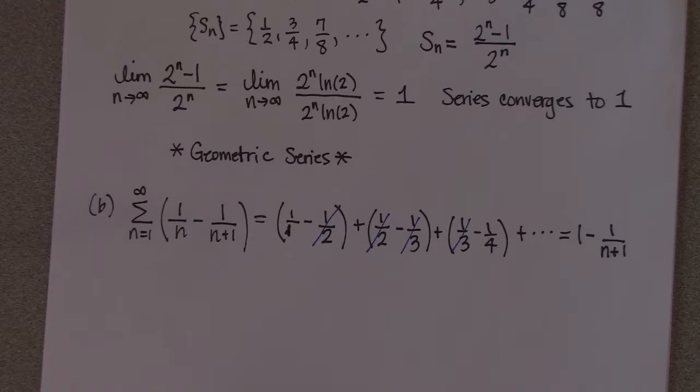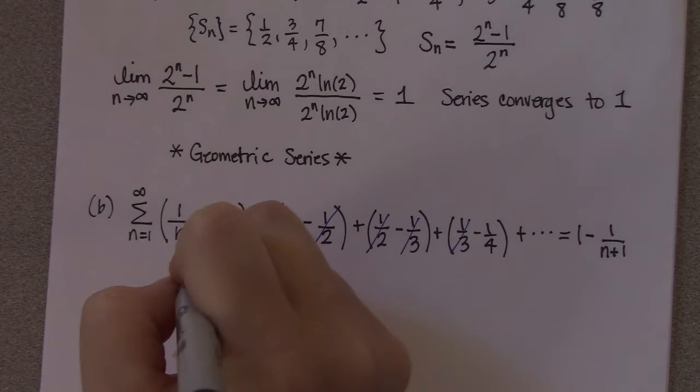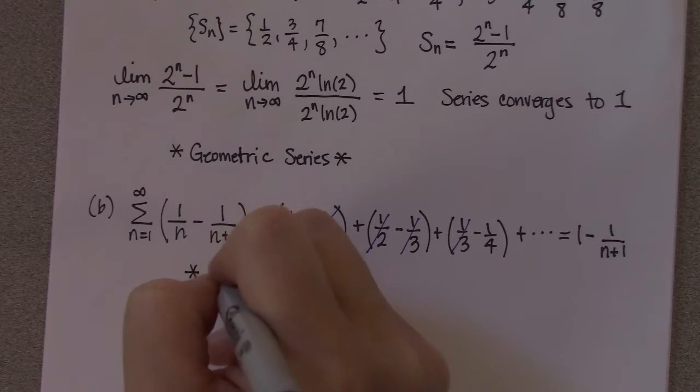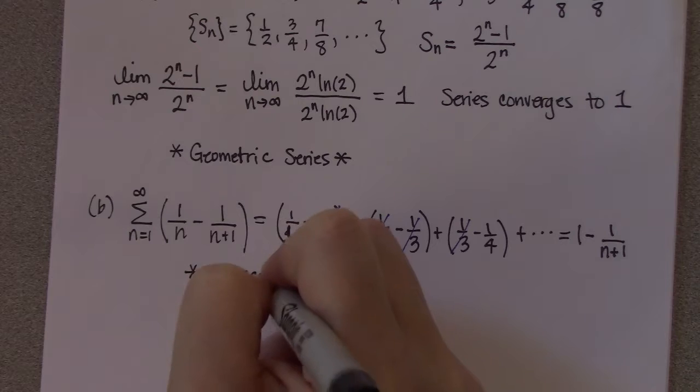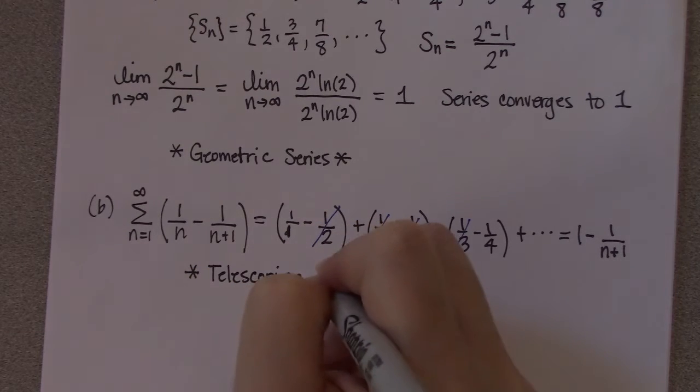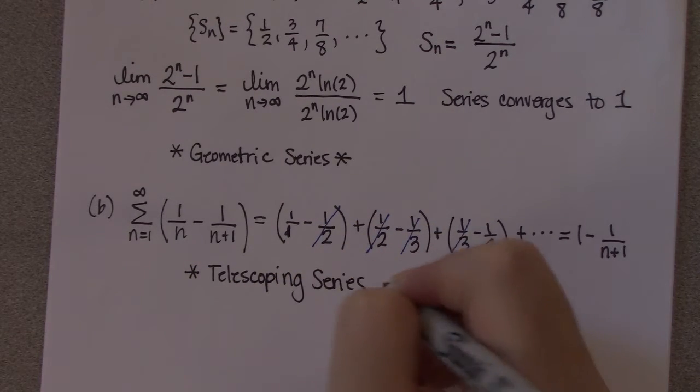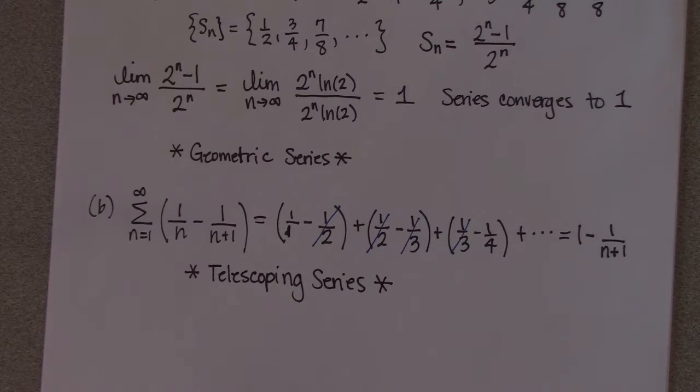And we actually have a name for a series like this. This is called a telescoping series. So if you think about the old school little collapsible telescopes you'd see on ships and stuff, they fold up, and that's kind of where this name comes from.